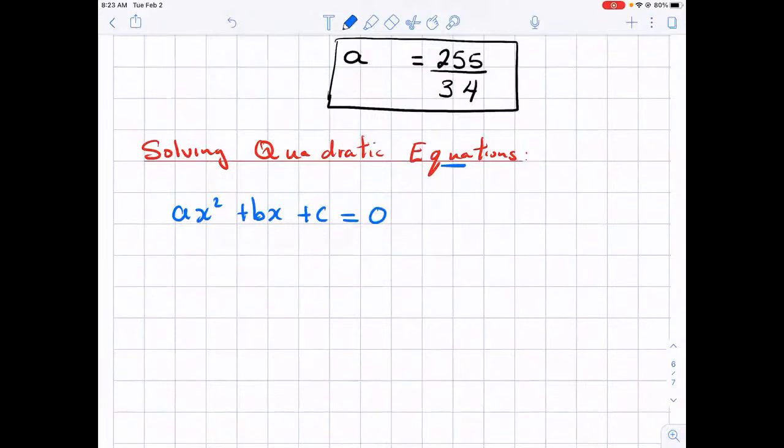And this is what we call the standard form of a quadratic. And please keep in mind that a cannot be equal to 0, because if a is 0, then you will just end up with the bx plus c part, which becomes a linear equation. Now, quadratics are not linear.